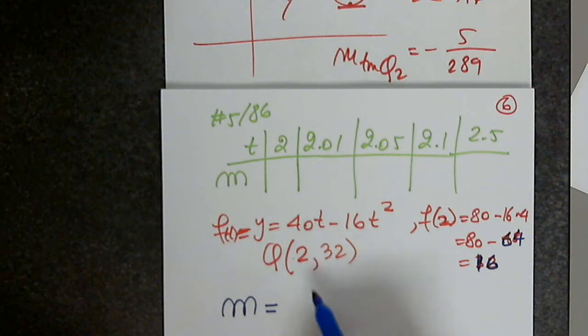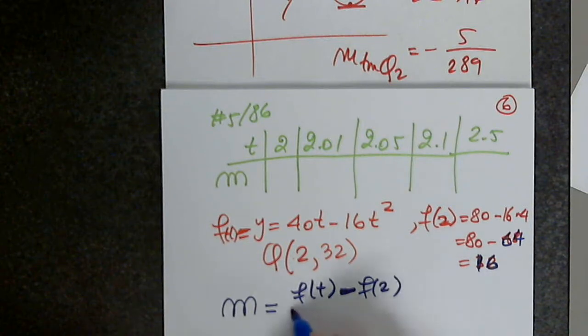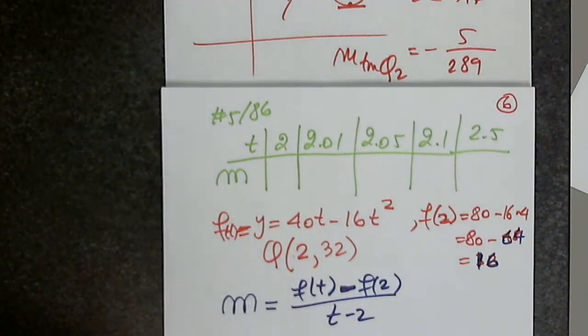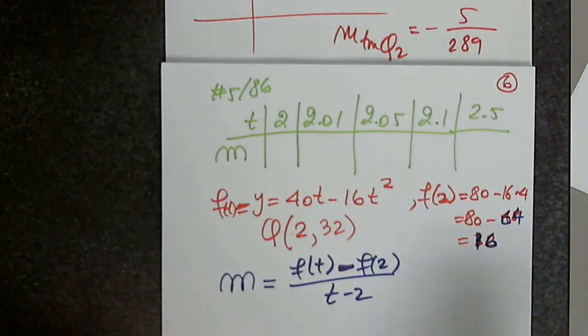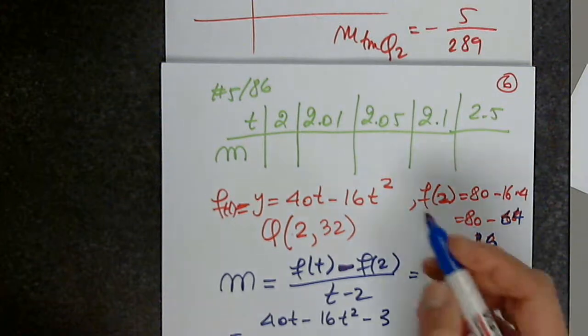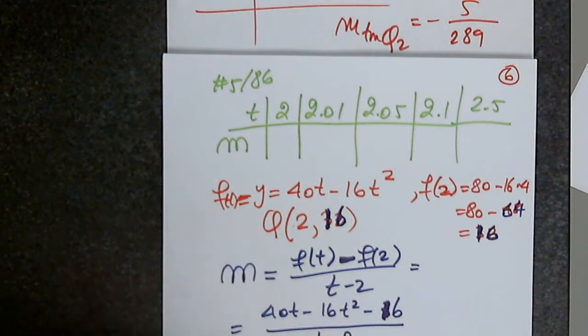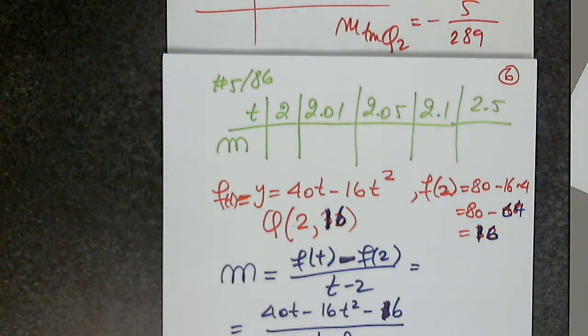So I have f of t minus f of 2 divided by t minus 2. F of t, 40t minus 16t squared, minus 16, divided by t minus 2. We're going to do it in 2 ways.